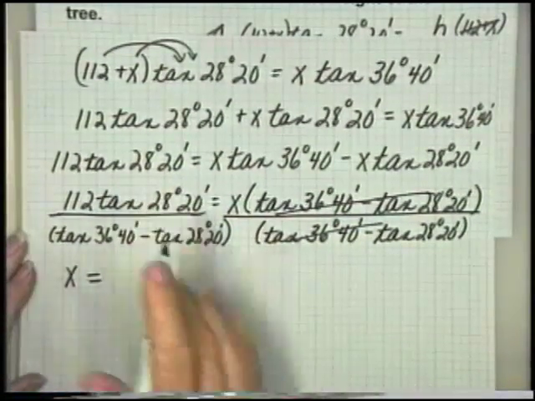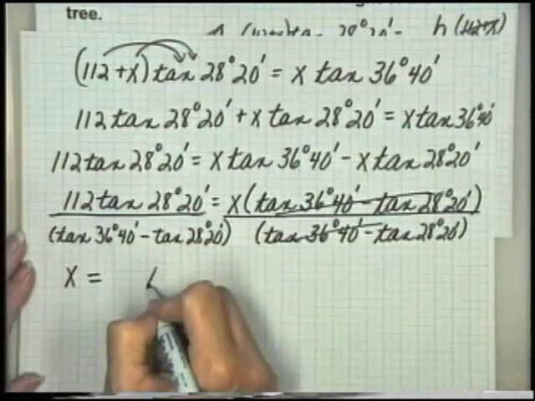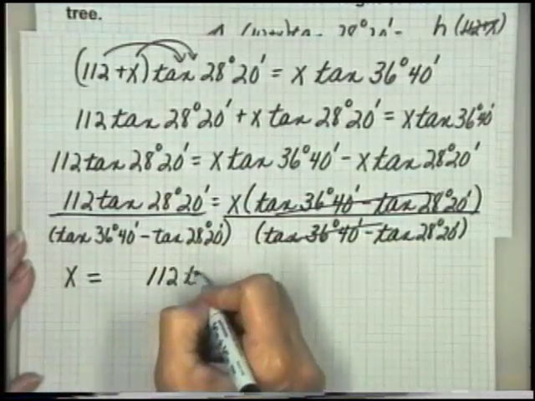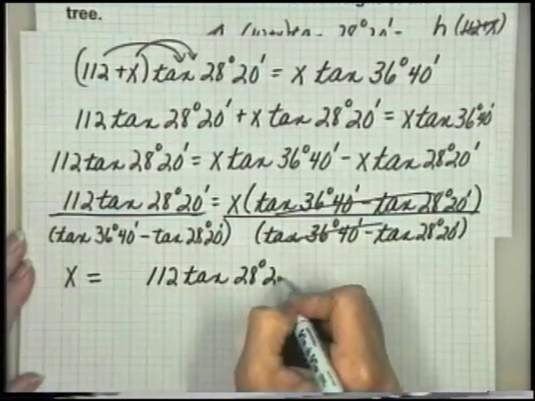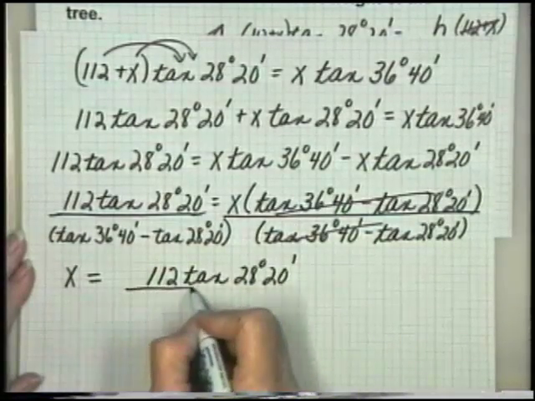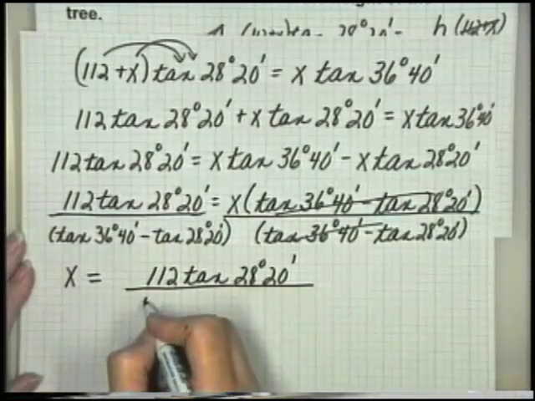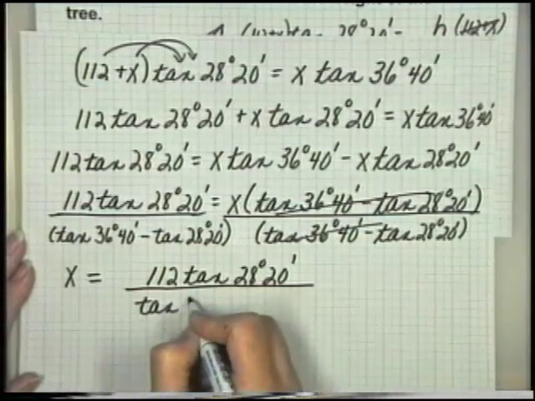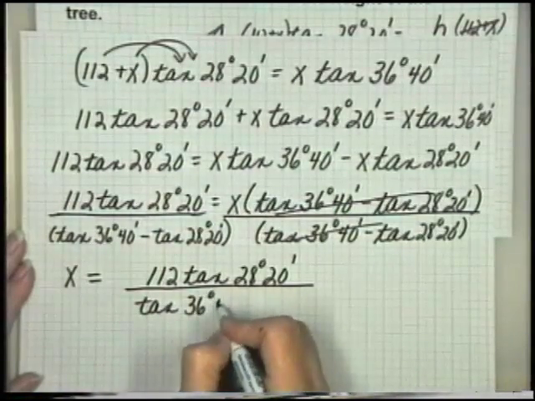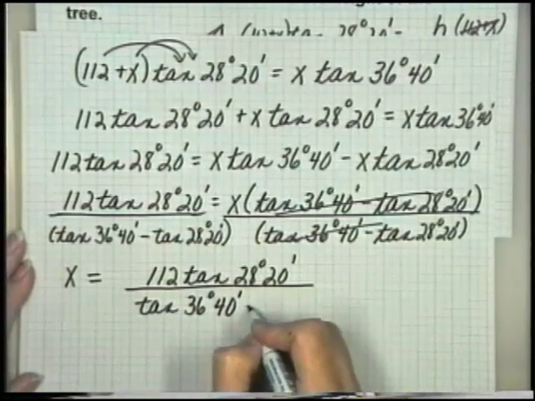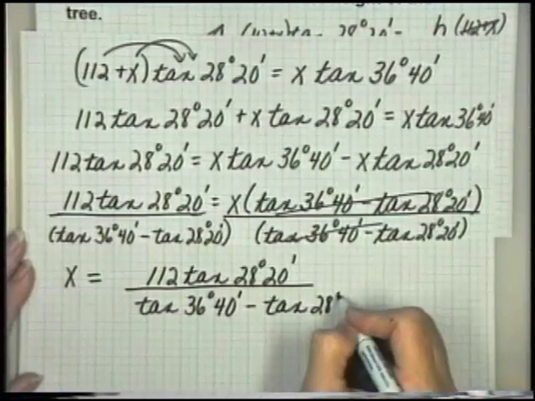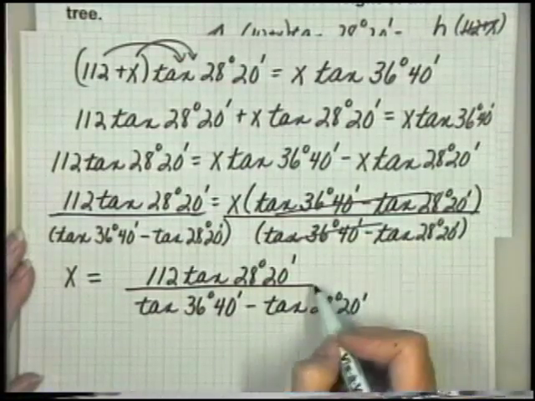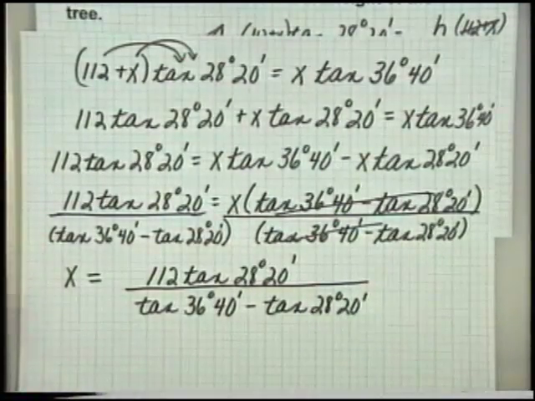So what I have is that x is equal to 112 times the tangent of 28 degrees, 20 minutes, divided by the tangent of 36 degrees, 40 minutes, minus the tangent of 28 degrees, 20 minutes.